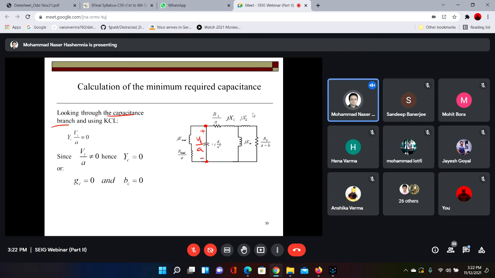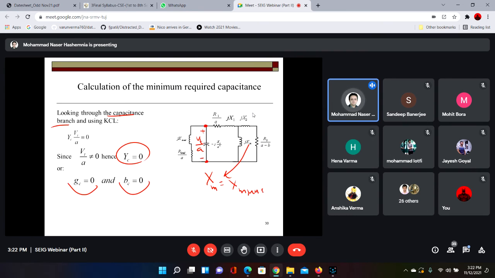Voltage is not 0 because you have assumed that you have successful voltage buildup. So VT divided by A is not 0. Then Yc is 0. When Yc is 0, then the conductance will be 0, and also the susceptance will be 0. Then here Xm is known or unknown? It is known. Why? Because you want to calculate C min. So Xm is equal to Xm unsaturated, or maximum value.